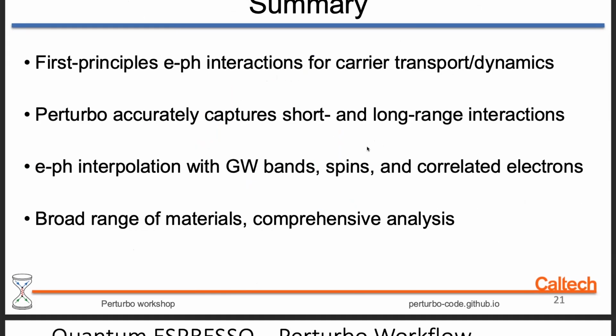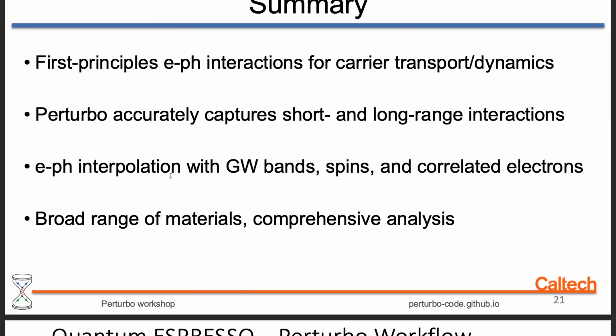Okay. And so to summarize this part of the presentation, I've shown the methods that are implemented in Perturbo to compute the electron-phonon interactions from first principles and to accurately interpolate them, both the short and long range parts.